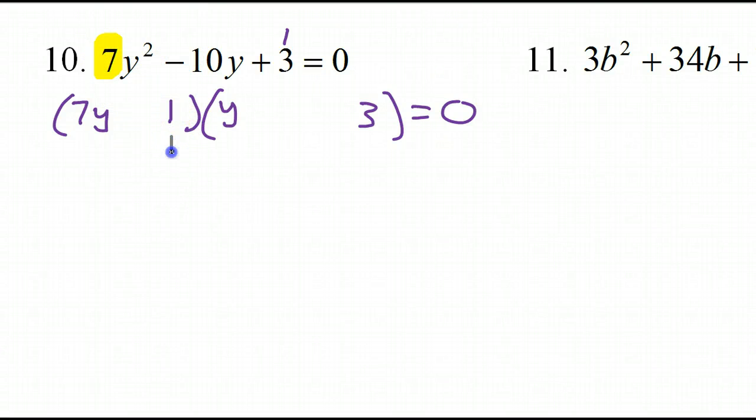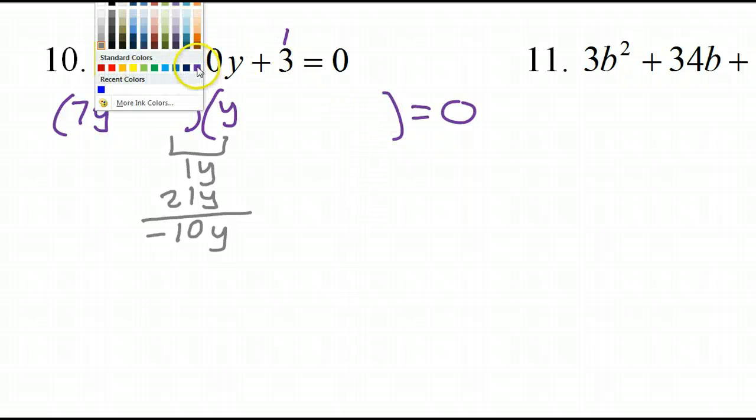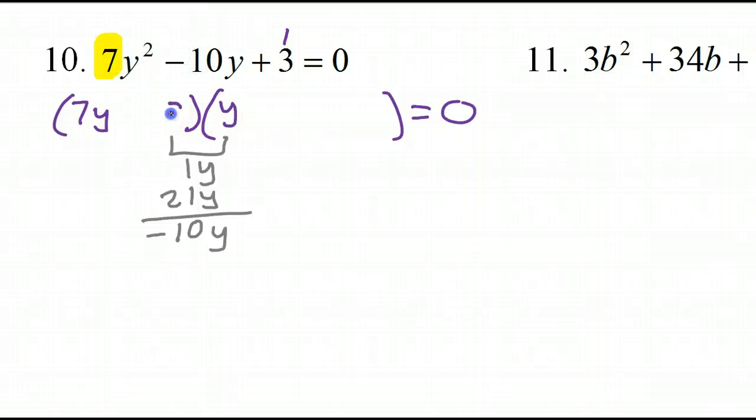Alright, so inner, I have 1y. Outer, I have 21y. I'm trying to get negative 10y. So that's a fail. There's no way to get negative 10 out of this. So, before I give up and quit, let's try it the other way, 3 and 1.